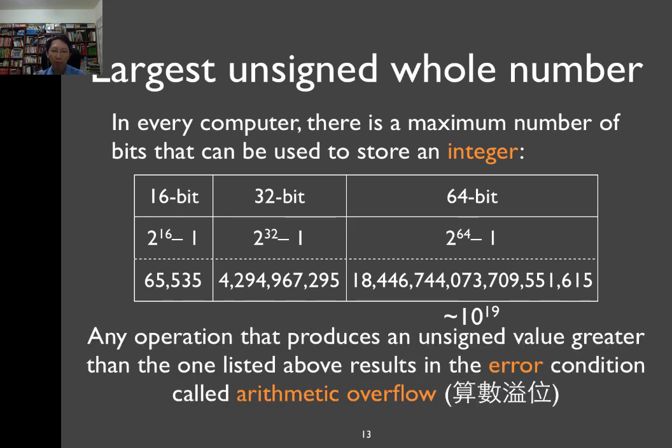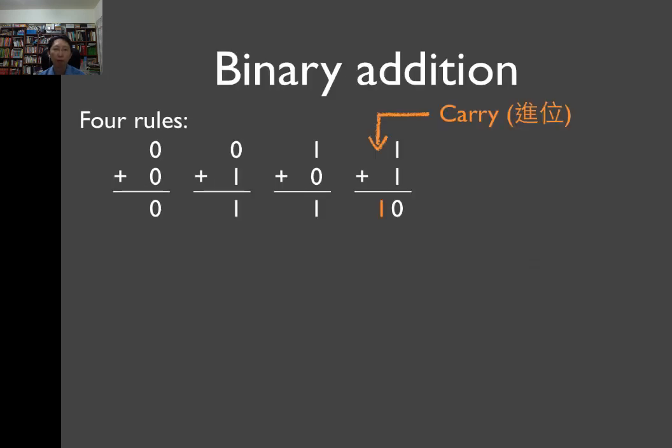Any operation that produces an unsigned value greater than the one listed above results in the error condition called arithmetic overflow. If any calculation exceeds the maximum integer of the current architecture, we call it arithmetic overflow. Now let's see binary addition. It is very simple.